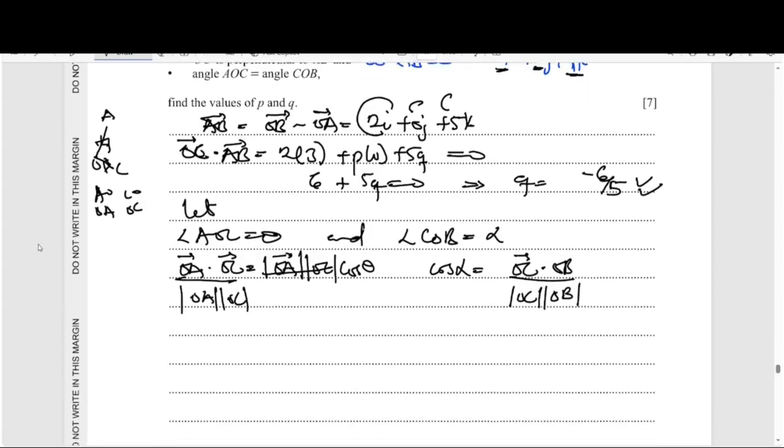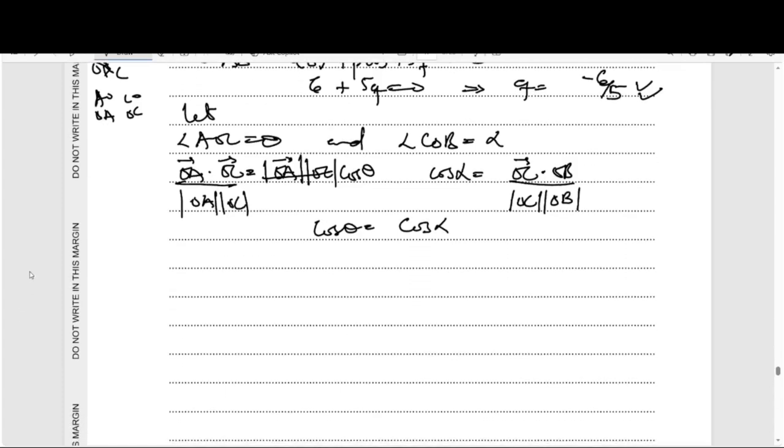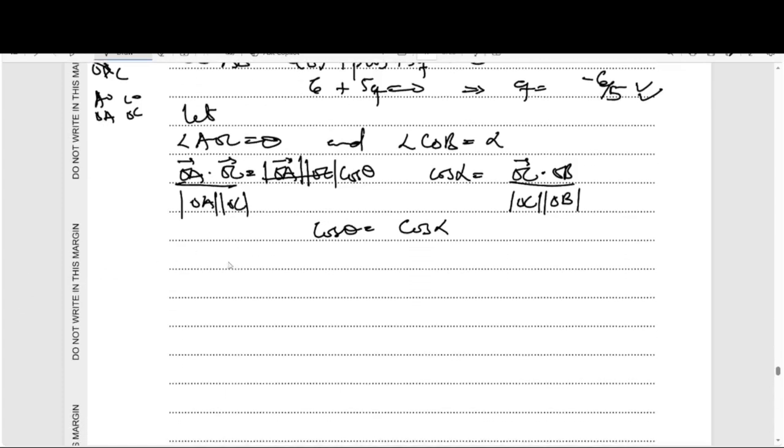And because the angles are the same, then cos theta should be equal to cos alpha, since alpha and theta are already the same. Right? Then it means that OA dot OC rather.